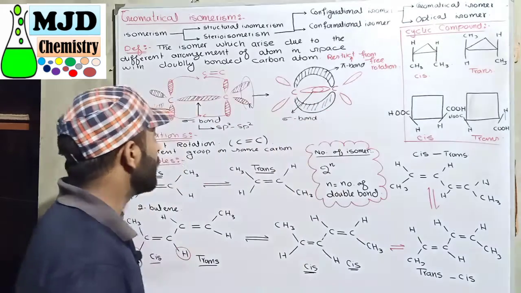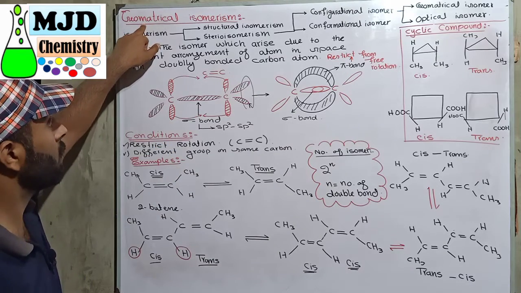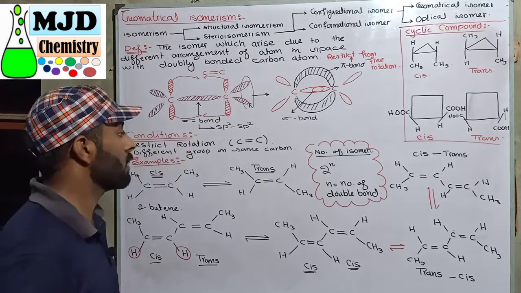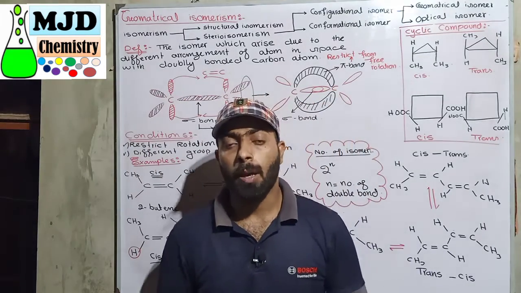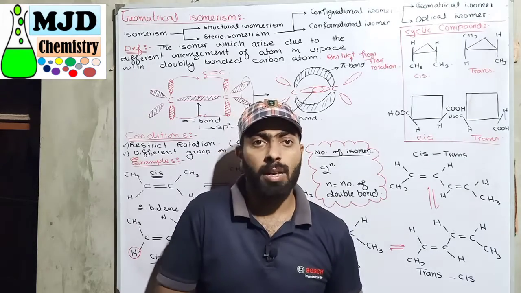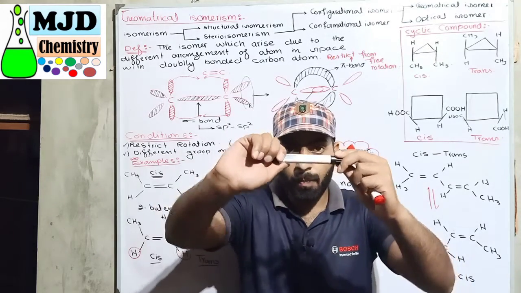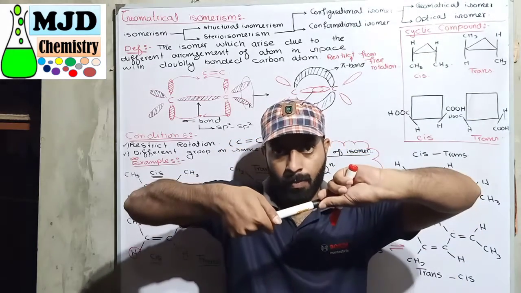Let's see which conditions are required to show geometrical isomerism. The first condition is restricted rotation. The compound should have restricted rotation. What do we mean by restricted rotation? When I rotate this, it easily rotates.